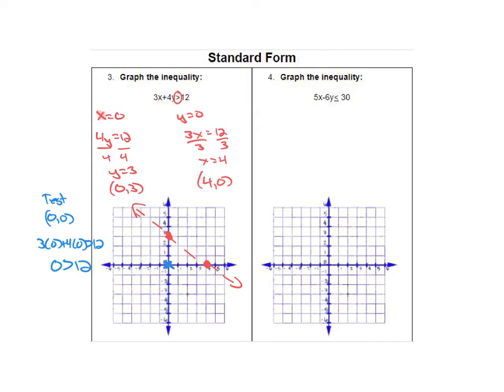All right, so this one here is now false. That makes this whole side the false side, which is going to make this true up here. So whenever you see that this statement is false, 0 is not less than 12, that's also going to tell us that we need to shade the true side.